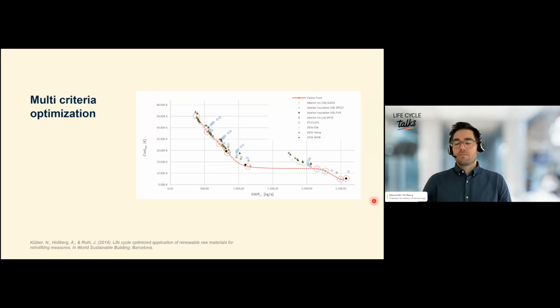And then you see in red, this Pareto front, those are all the solutions that are optimal because you cannot improve them towards one criterion without becoming worse towards the other one. And in this special case, we see a very flat part here, meaning for a little more money, you can save a lot of greenhouse gas emissions, while afterwards it's quite linear. So in this case, this could help to go for the slightly more expensive solution, but actually save a lot of global warming potential.